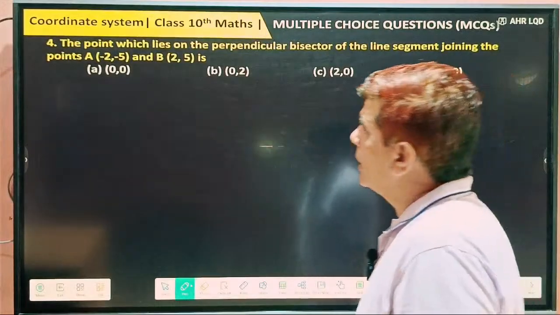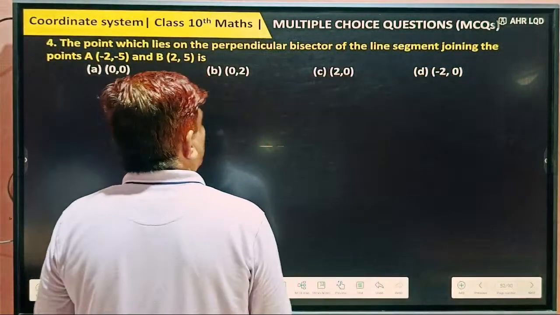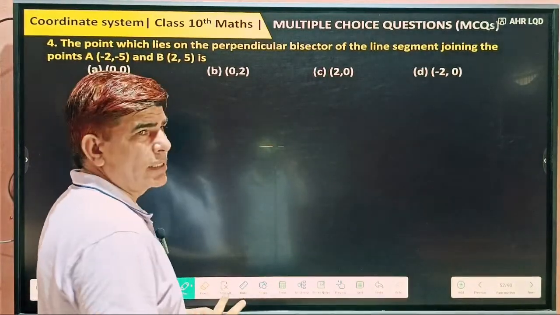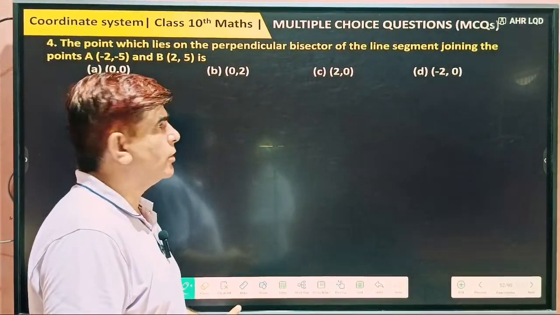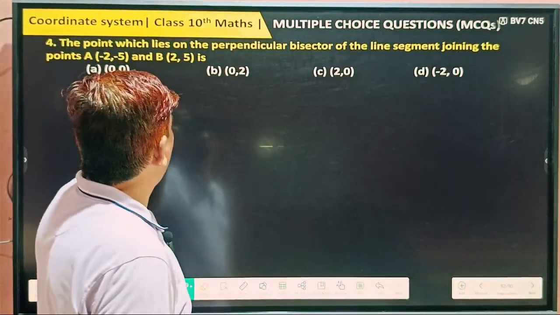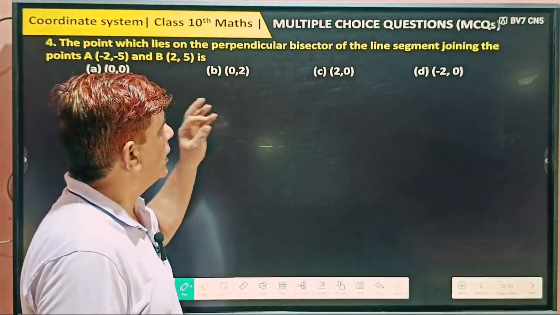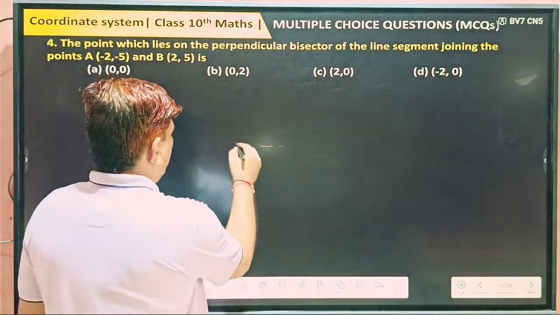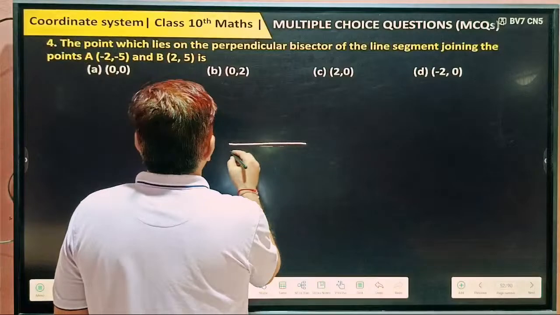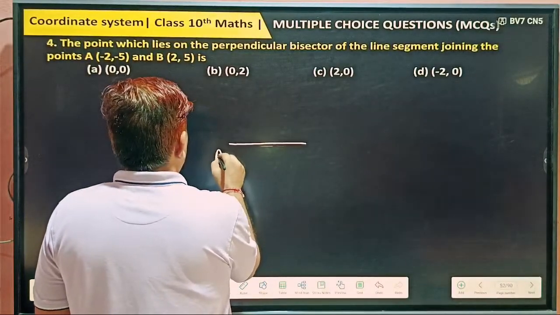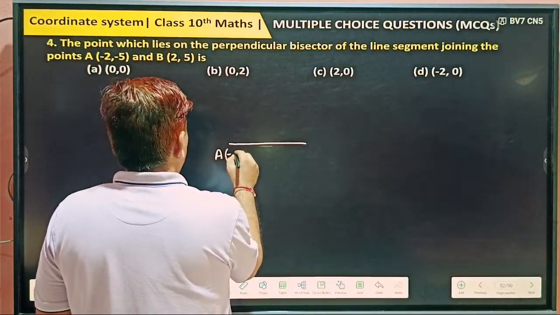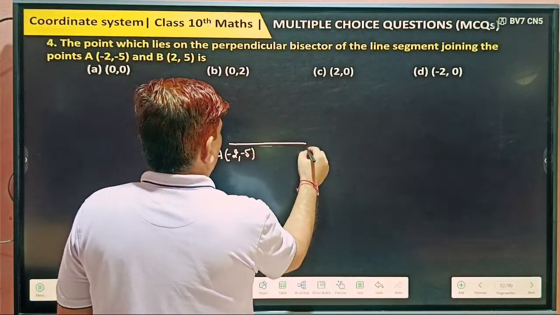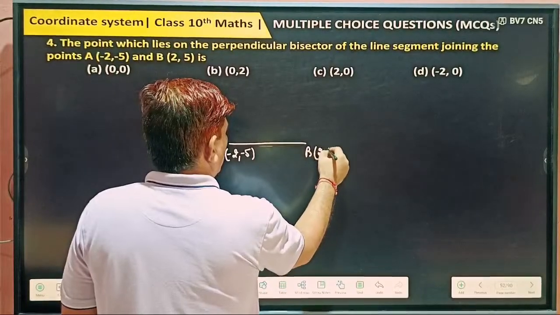So one by one we can show the point which lies. Next, example number 4. The point which lies on the perpendicular bisector of the line segment. We are having A, a point whose coordinates are -2, -5, and B is a point whose coordinates are 2 and 5.